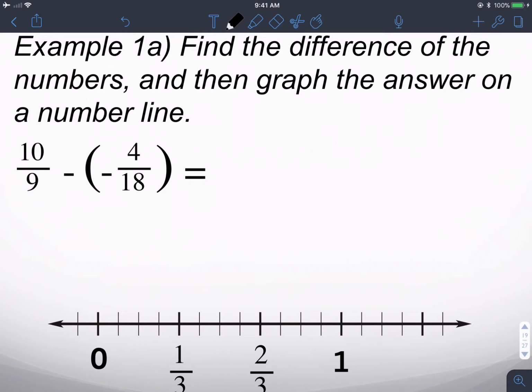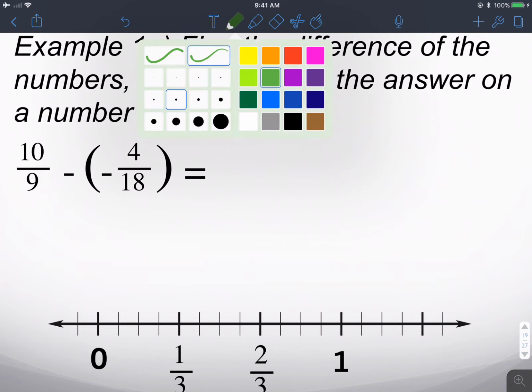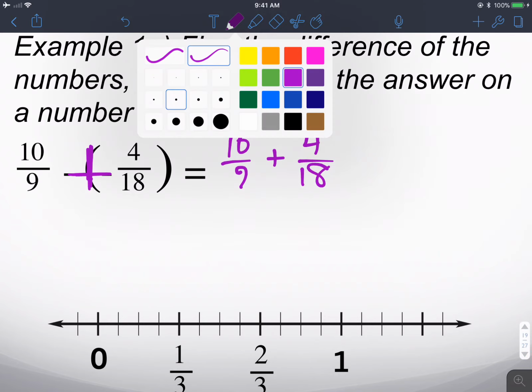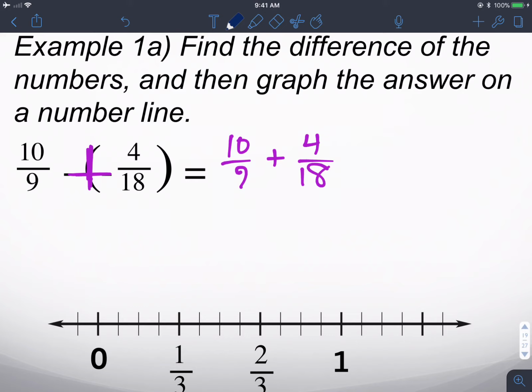The same rules apply. It's two negatives, which makes this whole thing into plus. Like, they don't want you to ever forget. Make a common denominator, add fractions.